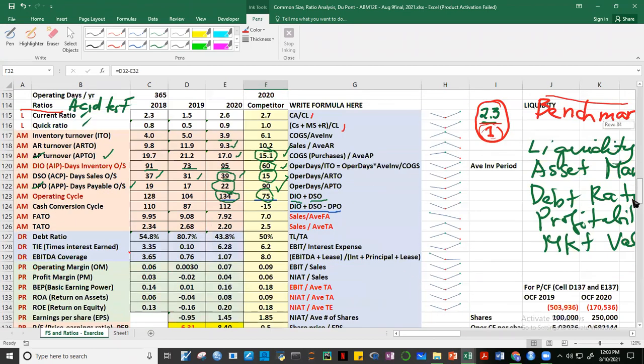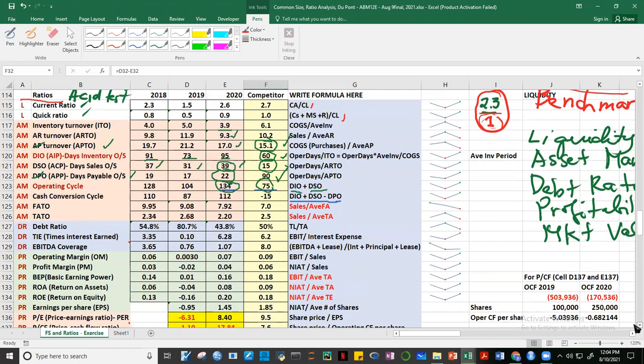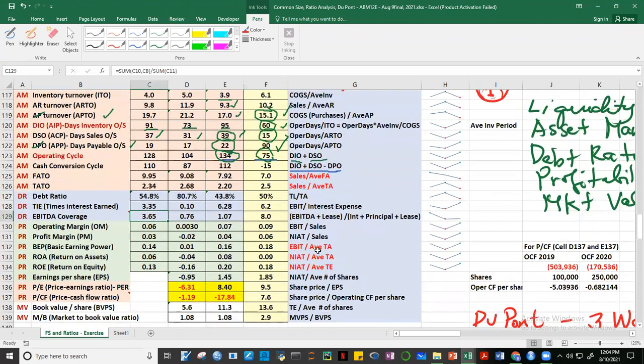Okay? So let's go here sa EBITDA coverage natin. So 2018, guys, ang assumption natin, wala tayong principal payments. 2019, wala din tayong principal payments. 2020 tayo nagkaroon ng principal payments. So our formula here will be just EBITDA. So EBITDA is simply your EBIT plus the depreciation and amortization. I-add lang natin yun. Divided by interest expense lang.